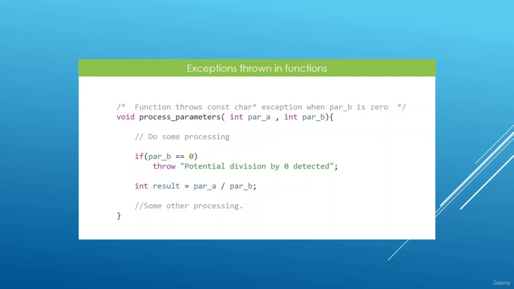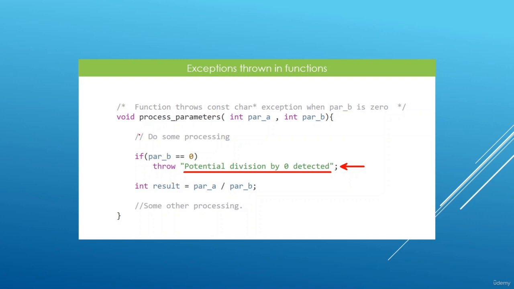It is also possible to handle exceptions that are not directly thrown in a try block. For example, here we have a simple function which is going to process two parameters, a and b. We're going to test and see if parameter b is equal to 0, and we're going to throw an exception here. Notice that what we throw here is the const char pointer.